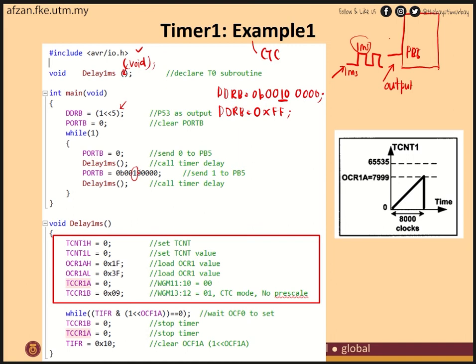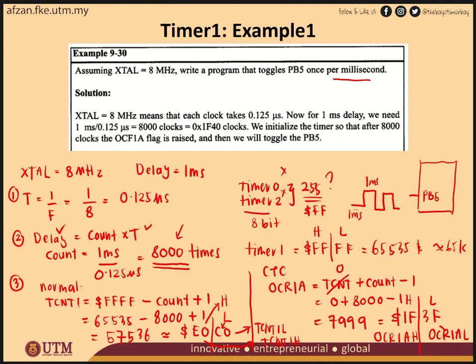Now let's look at our timer programming. Since the count that we already calculated earlier is a total count of 8000, you need to use timer 1. You cannot use timer 0 and timer 2 because it already exceeded 8-bit data, which is up to 255 only.